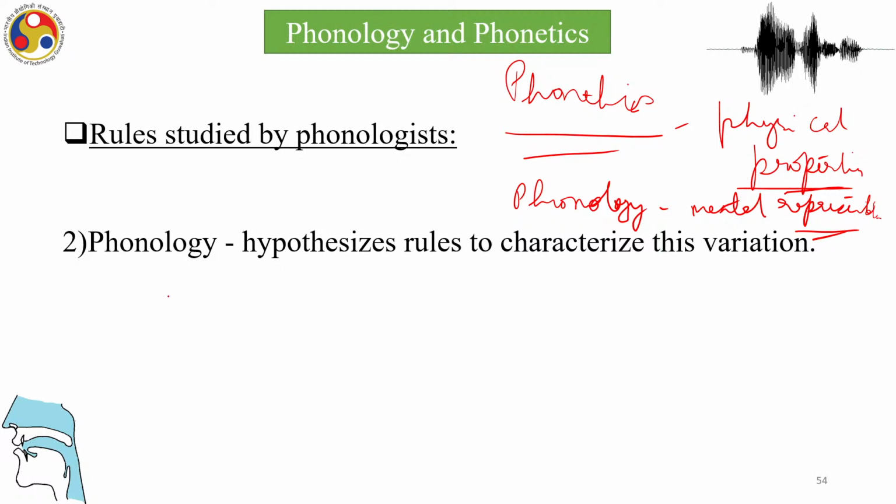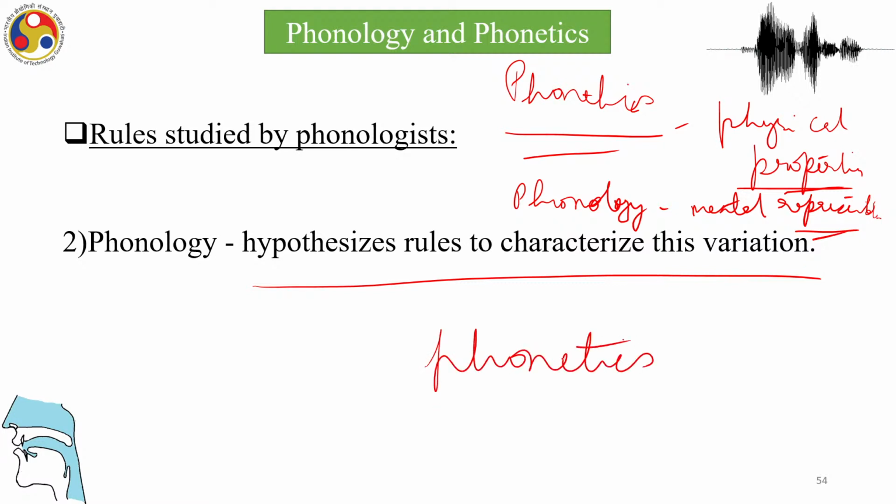Hence, when talking about phonology, we will hypothesize rules for the way we see sounds occurring in the phonetics, because when we're producing sounds, it's often the case that one sound will be different from the other. But phonologists will say that regardless of the fact that they're different when they are produced, in the mental representation, they can be the same sound.